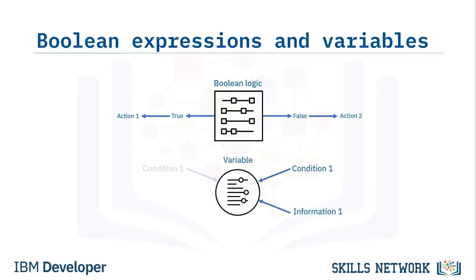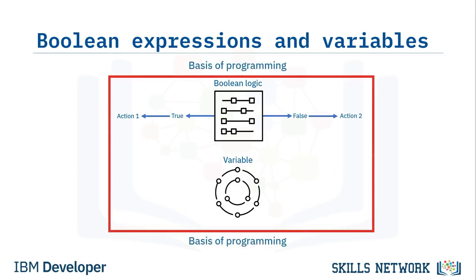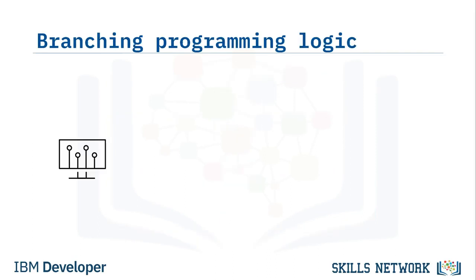Typically, a program consists of instructions that tell the computer what to do and data that the program uses when it is running. A variable has a value that can change depending on conditions or information passed to the program. Boolean logic, along with variables, form the basis of programming.